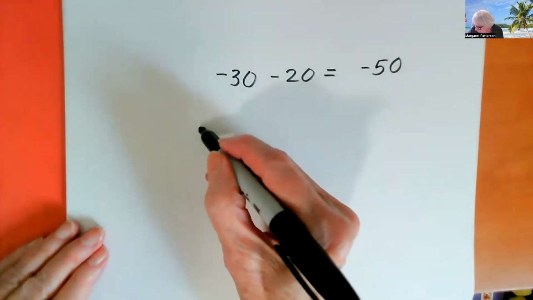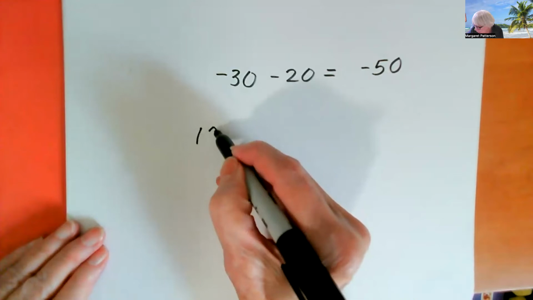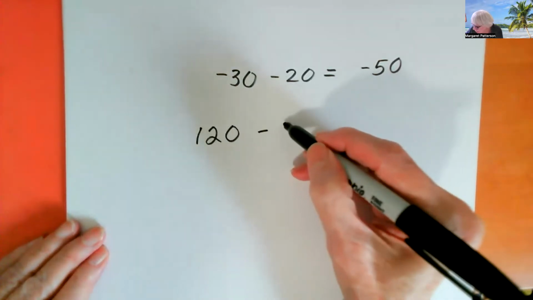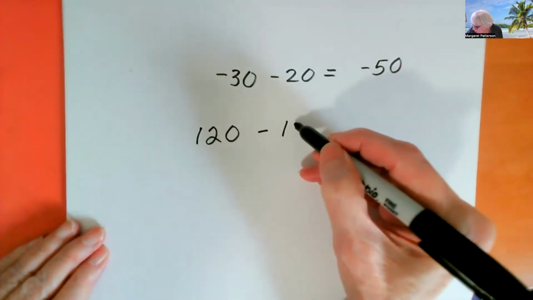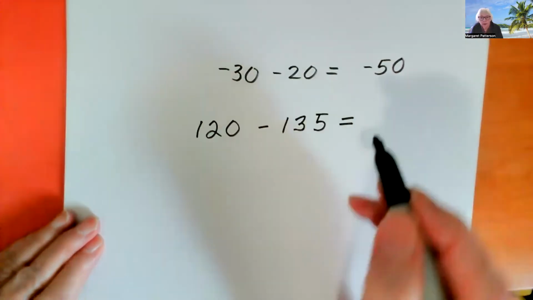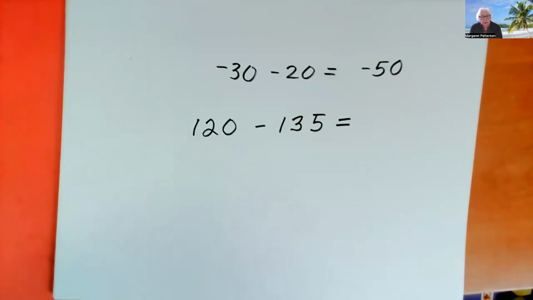So let's say 120 subtract 135. Now, you had 120, but subtracting 135 means you're going below zero. So the question becomes, how far below zero?